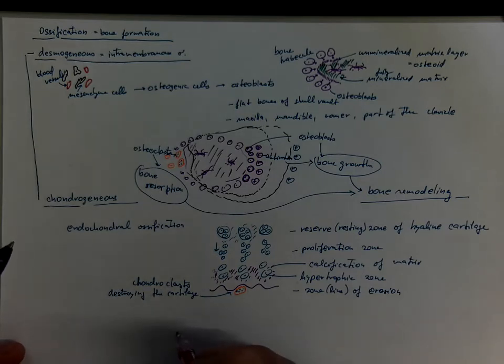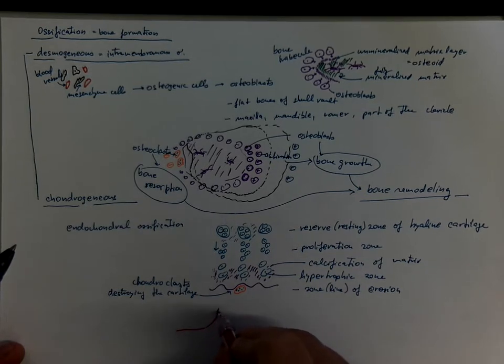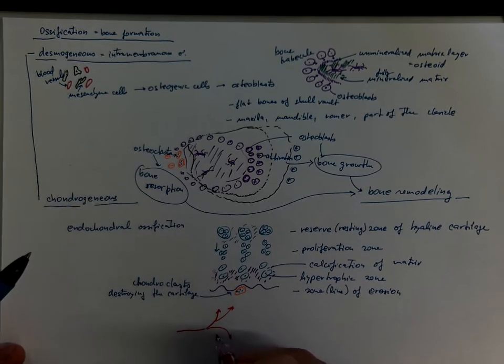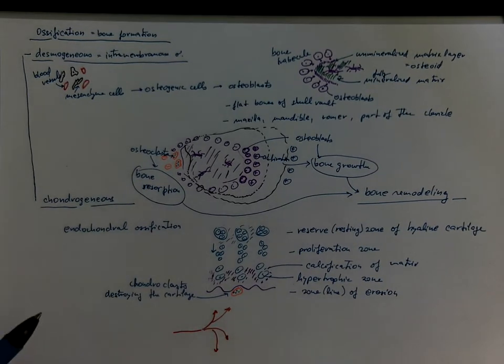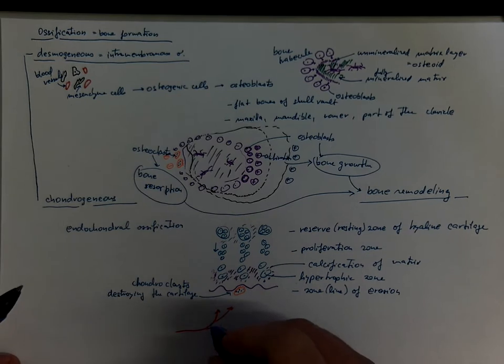Bone formation here depends on blood vessels that invade this calcification zone, this ossification region, bringing osteogenic cells on the surface.